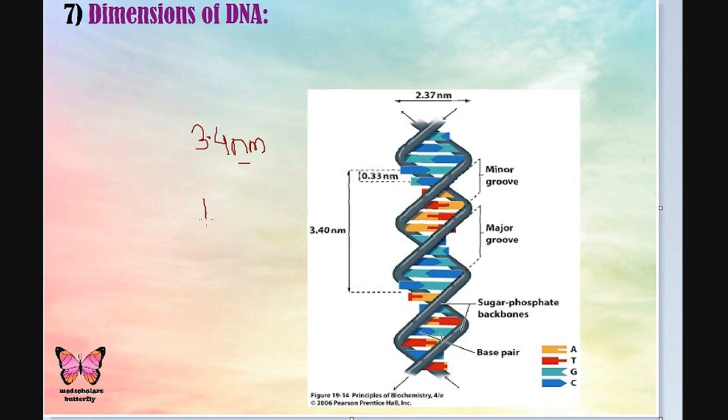There are 10 base pairs in one spiral turn, so you can imagine how small and supercoiled the structure is. The diameter of the DNA molecule is in total 2.37 nanometers exactly. So it is a very complex structure.